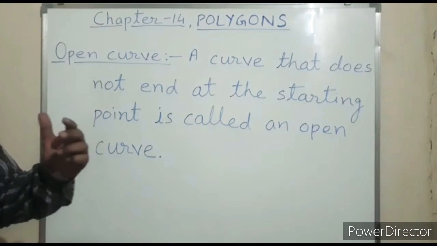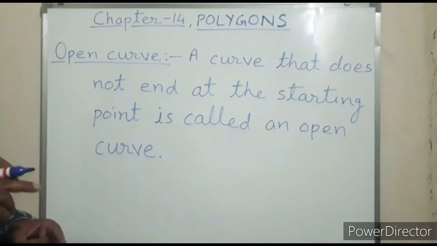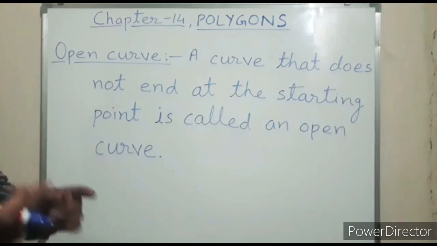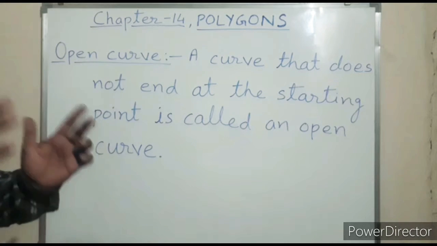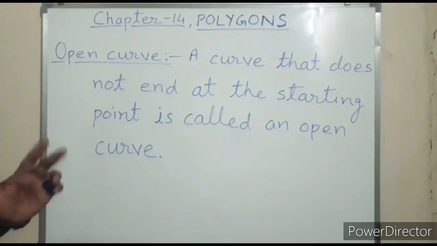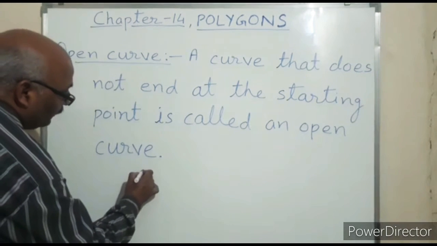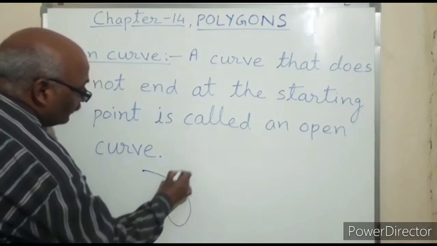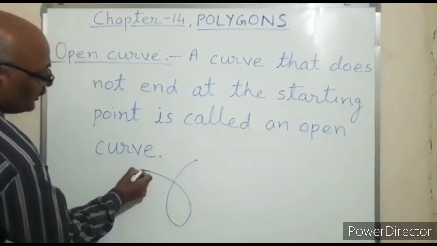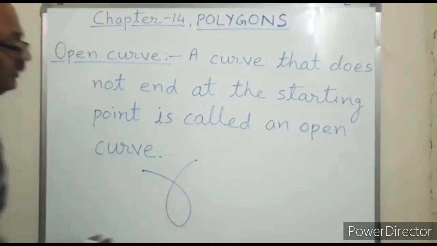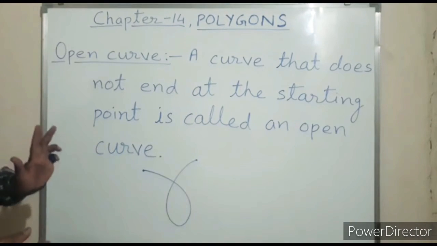It means if the starting point and the end point of a curve are different, such curves are known as open curve. See example, I draw one curve. You can see its starting point here, end point here. They are not same, so it is open curve.